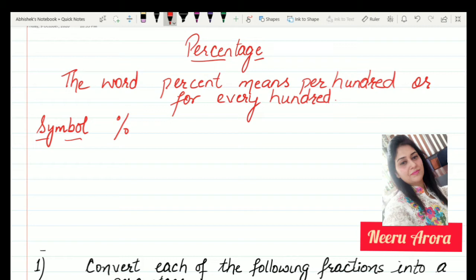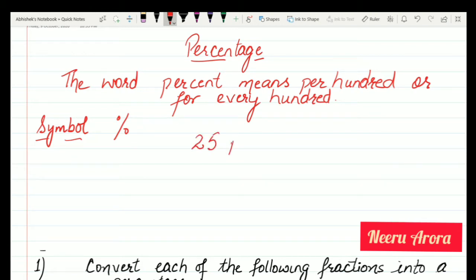Now let's understand more about percent. Suppose I am writing 25%. I am breaking this into per and cent. 25 means 25.